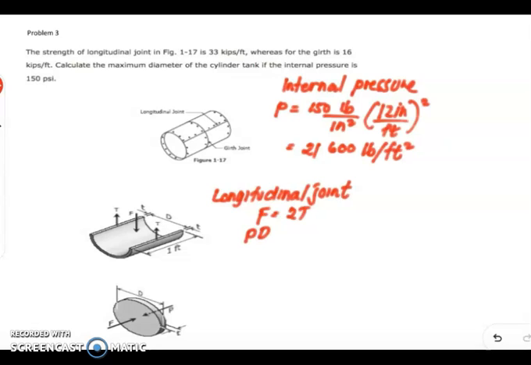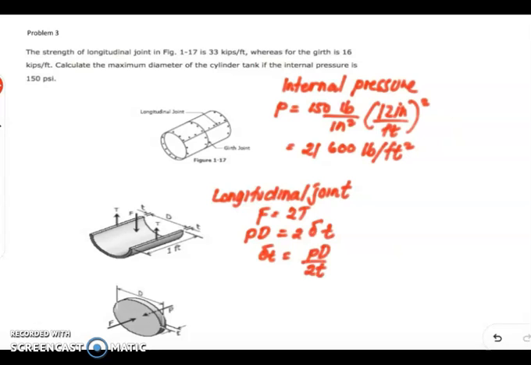Since we are considering 1 feet length, and then we have equivalent to 2 times our force would be stress times our thickness. So this can be equivalent to stress is equal to P D all over 2T.